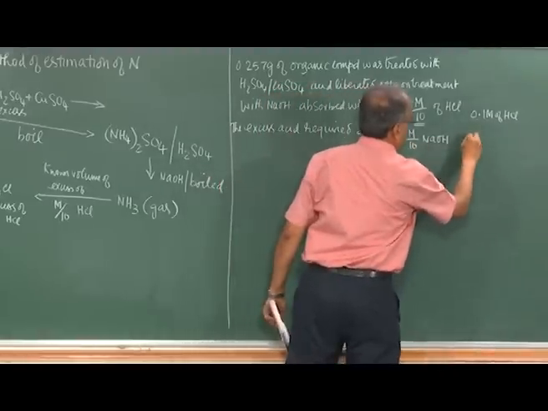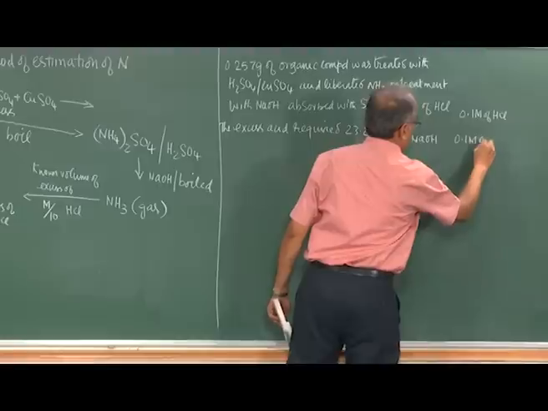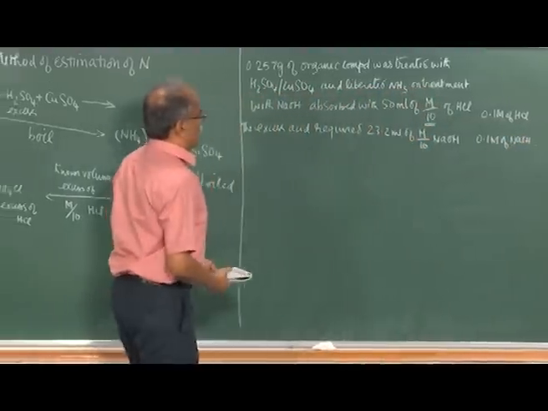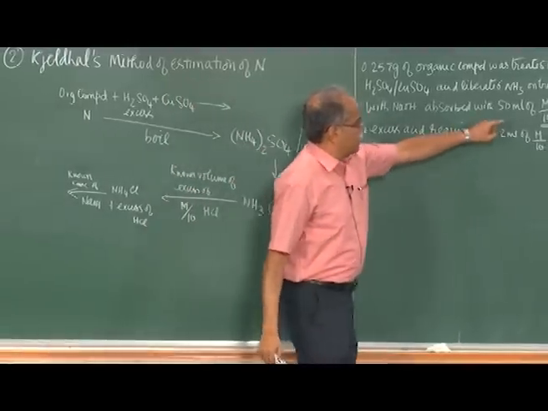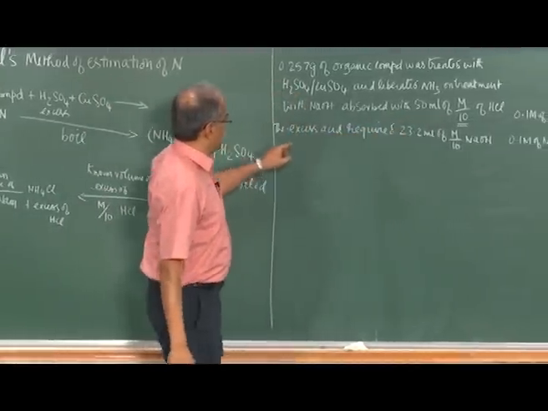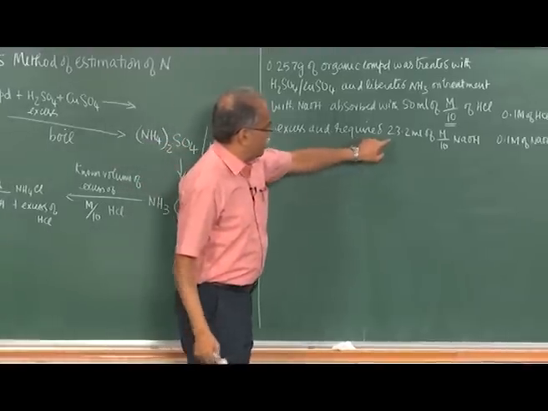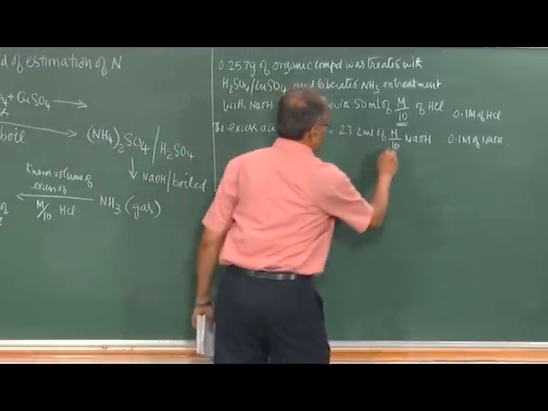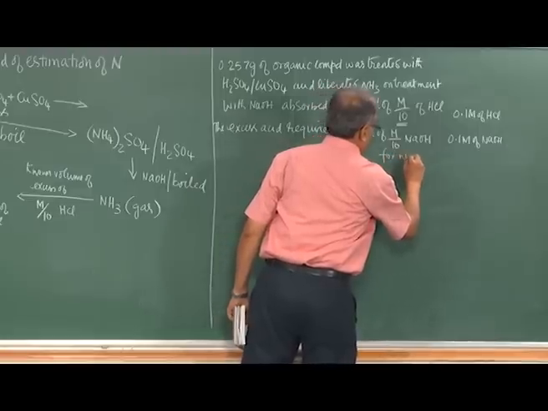Similarly, this would correspond to 0.1 molar of sodium hydroxide. So, a large excess of HCl is what is taken. So, the excess acid required 23.2 ml of sodium hydroxide for neutralization.